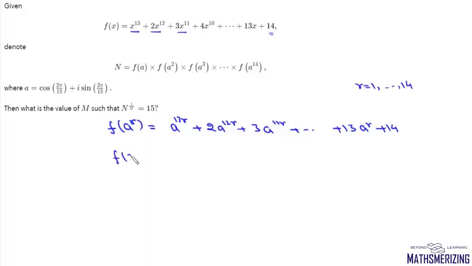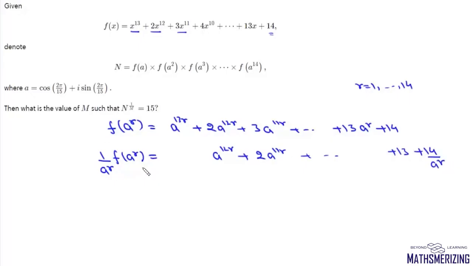Now again we'll write f(a to the power r) by displacing one term and dividing it with a to the power r. So here we'll get a to the power 12r, 2 into a to the power 11r plus 13 and plus 14 upon a to the power r.